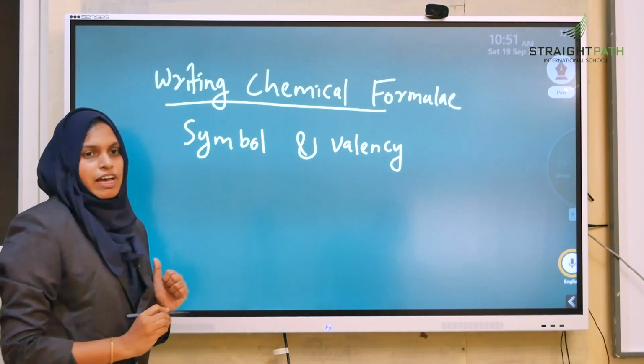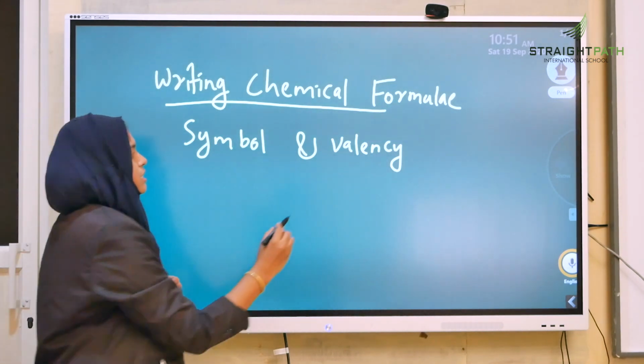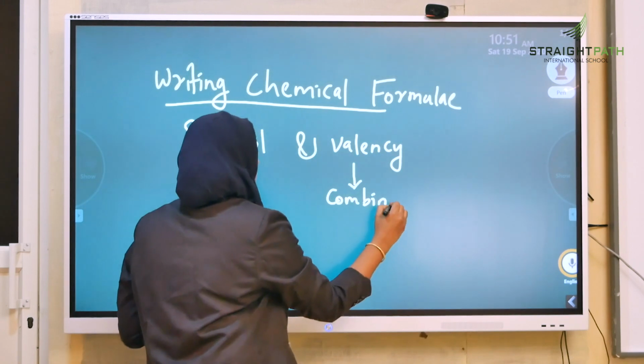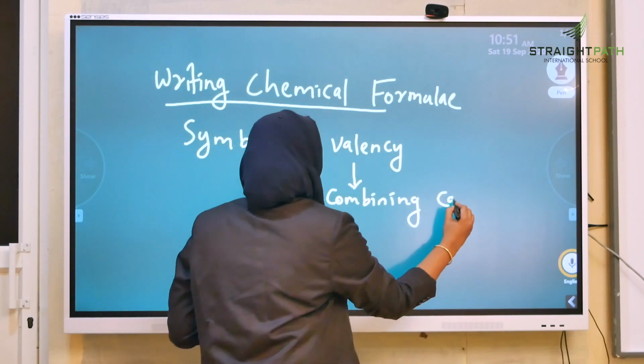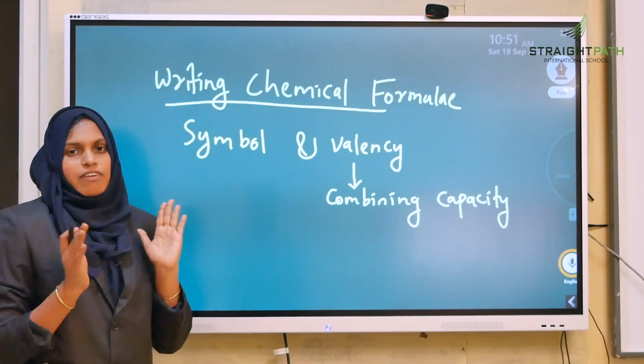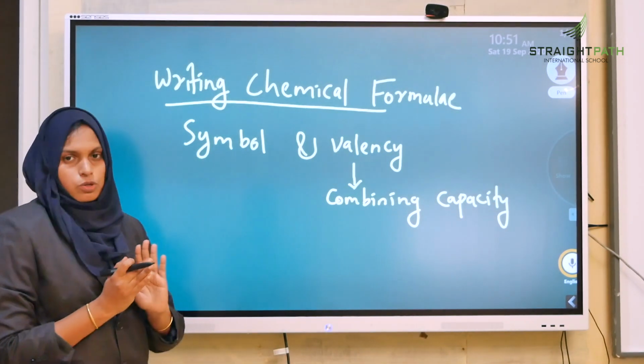So what do you mean by valency? Valency is the combining capacity of an atom. In order to write the valency of the atom, we have to find it.